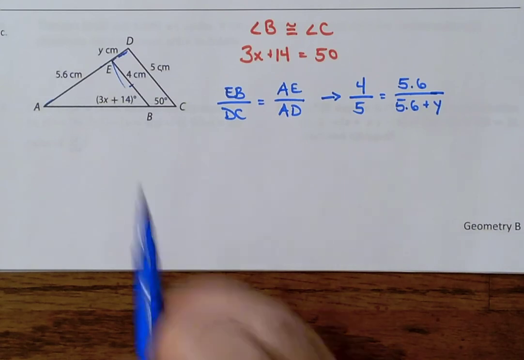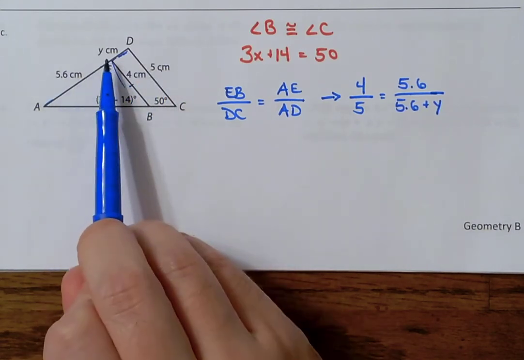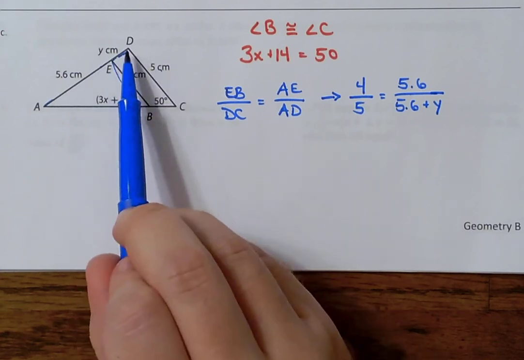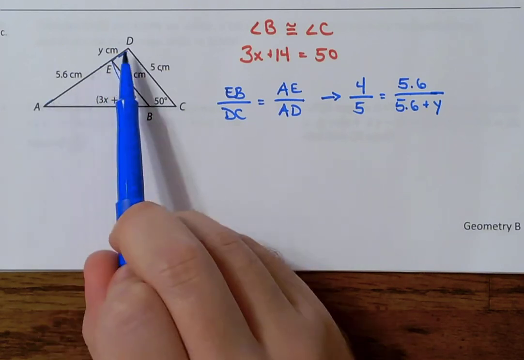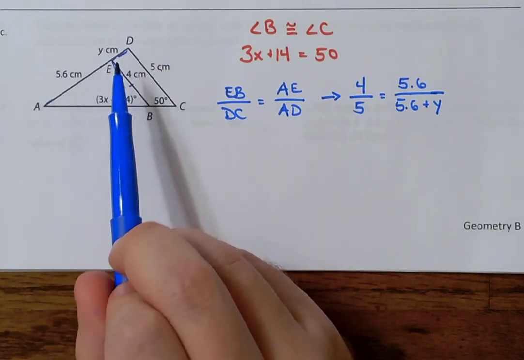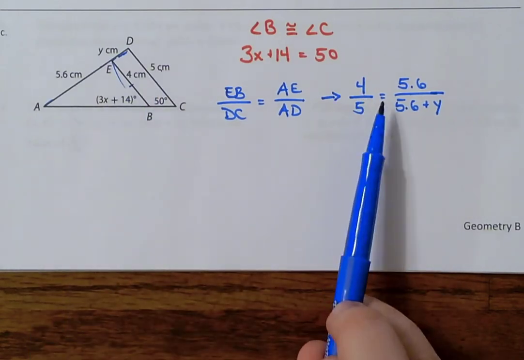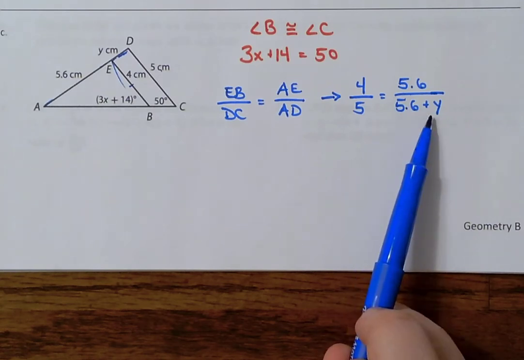So don't just set it up as 4 over 5 equals 5.6 over y, because that's taking this little part, and you took the whole side length of DC, so you need to take the whole side length of AD as well. And then that's going to give you 4 over 5 equals 5.6 over 5.6 plus y.